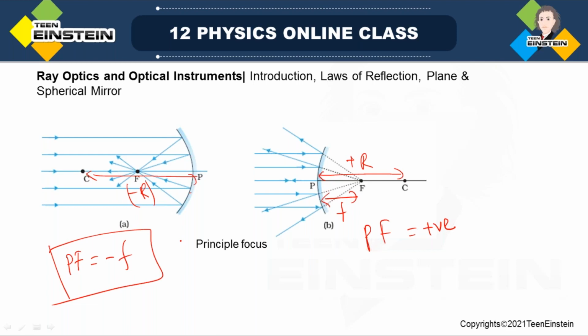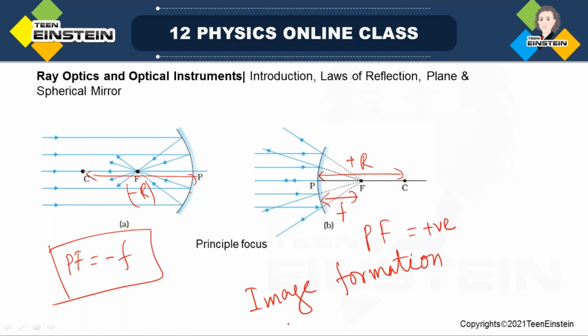Next day we will be learning how image formation happens, and we will be learning various more properties of convex and concave mirrors, and from those properties we'll be discussing the image formation and the nature of the image.